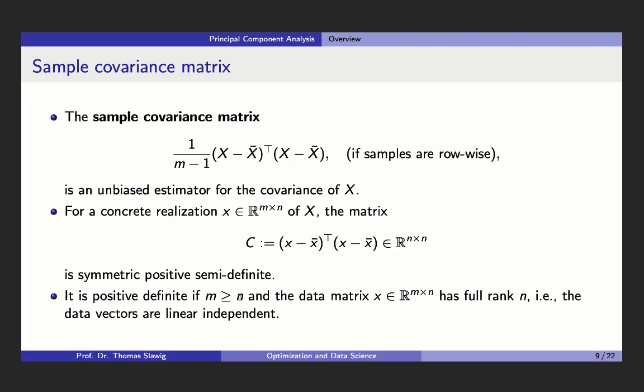This means the data vectors are linearly independent, so we don't have exactly the same elements in the sample. And again, an element in the sample is a vector itself. So this is a typical case: we have a matrix and a matrix, and we multiply them where the first one is transposed.